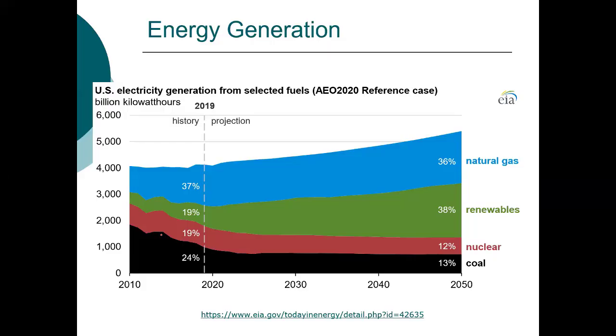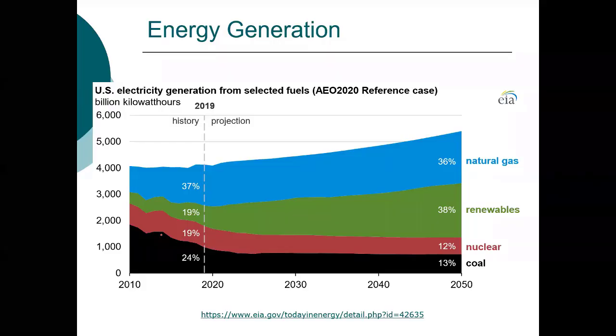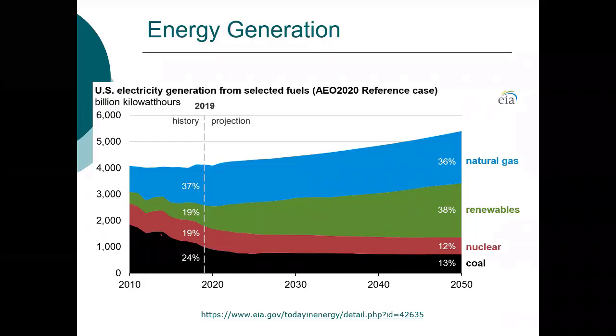Okay, you don't need to store it. You don't need the conveyors. But the way you inject coal, the coal dust versus gas, is entirely different. So once you switch from a solid fuel to a gas fuel, going back isn't trivial, and it's costly.